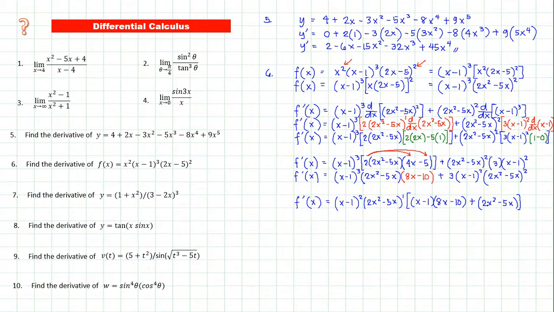Itong nandito sa ating bracket, pagsamasamahin na natin yung mga like terms dyan. So, yung ating f prime of x will now become equal to, kopyahin ko lang muna to ha, x minus 1 quantity squared times 2x squared minus 5x. So, ito ngayon ay magiging times, i-distribute natin to guys, itong ating product.